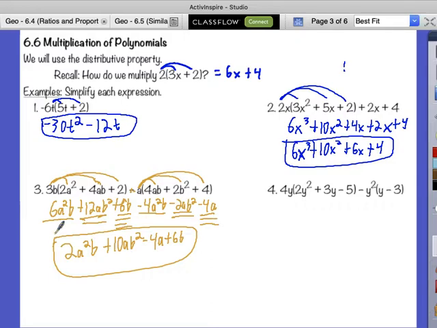So it's y squared times 4y. What's negative y squared times negative 3? That's still 2y squared.